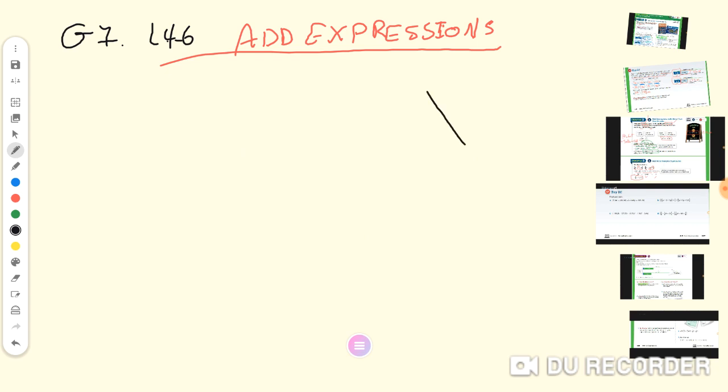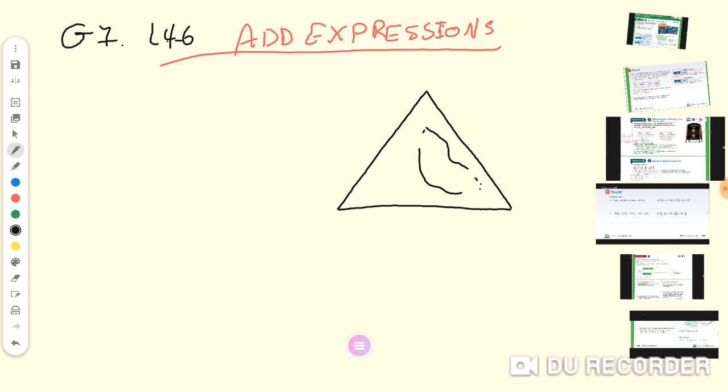What is the perimeter of the triangle? Actually, the perimeter of any polygon means any shape that has sides and is a closed shape. Polygon means a multi-sided closed shape. If you put an ant here, she can't get out because it's closed.